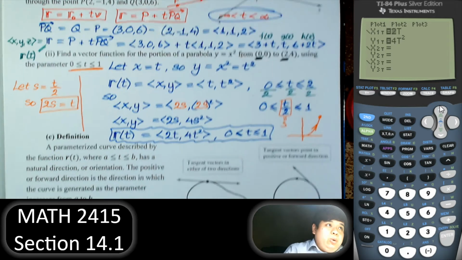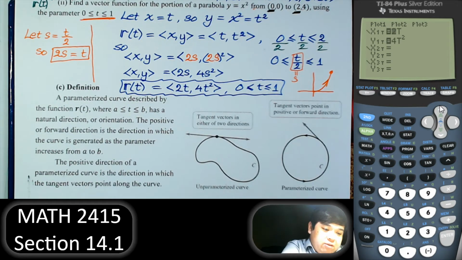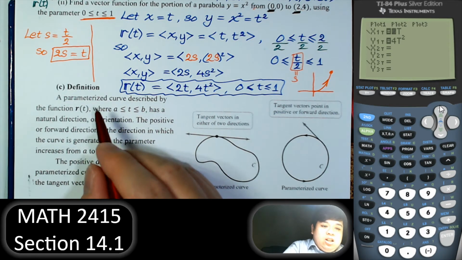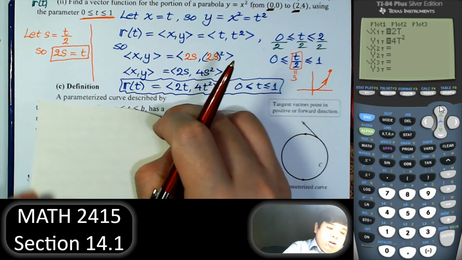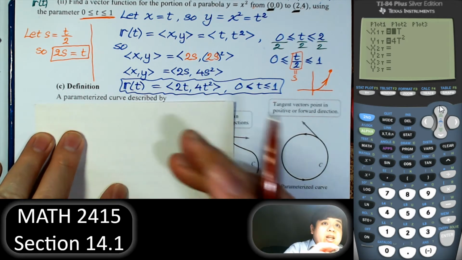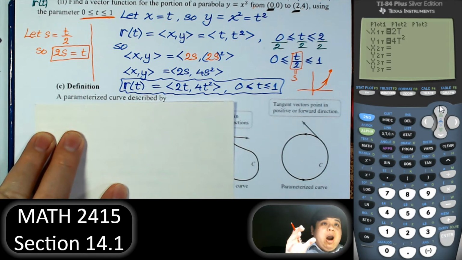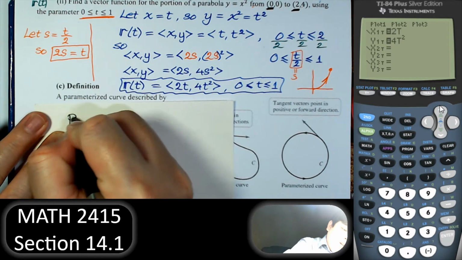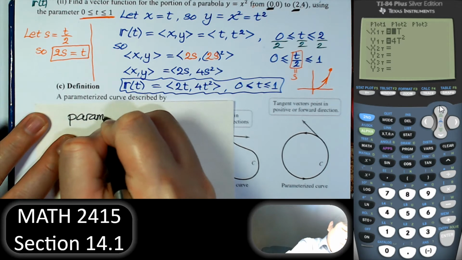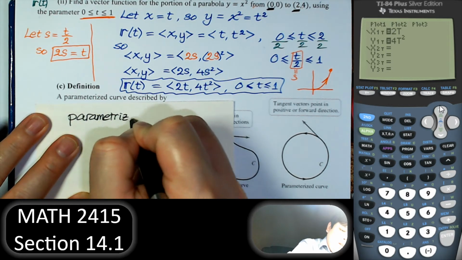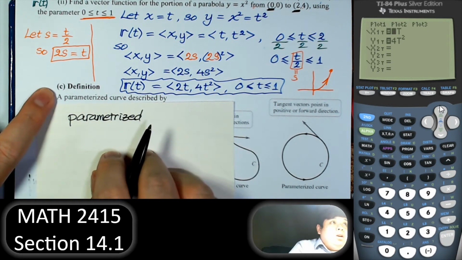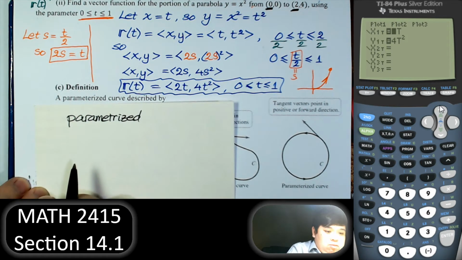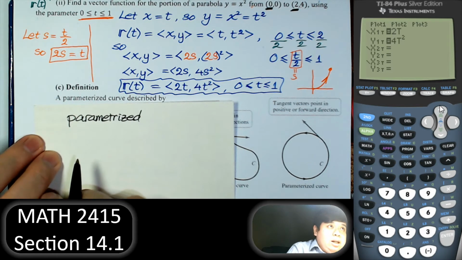And so that led to a definition of what we have next. All right, parameterized. By the way, this is one way to write this. The word parameterized curve means that we write the curve in the parametric form. You might see this spelling also, parametrized, instead of parameterized. Both of them are acceptable.